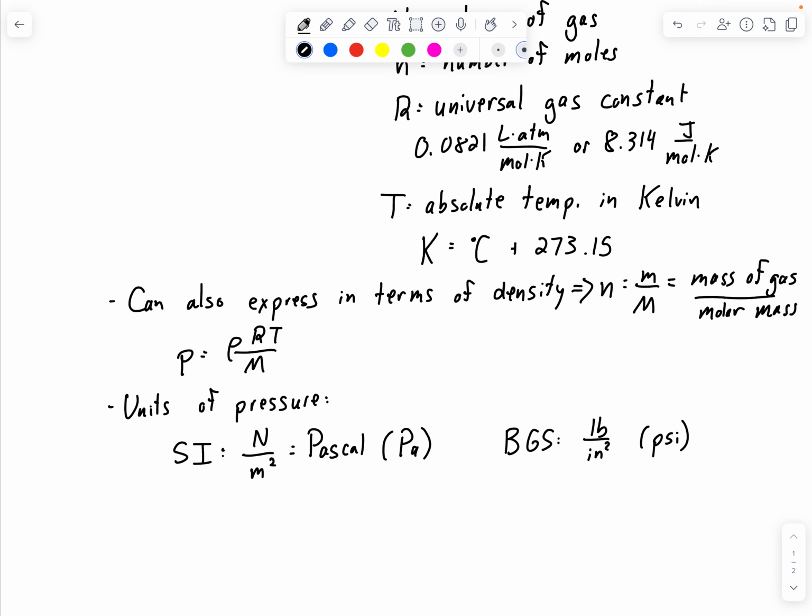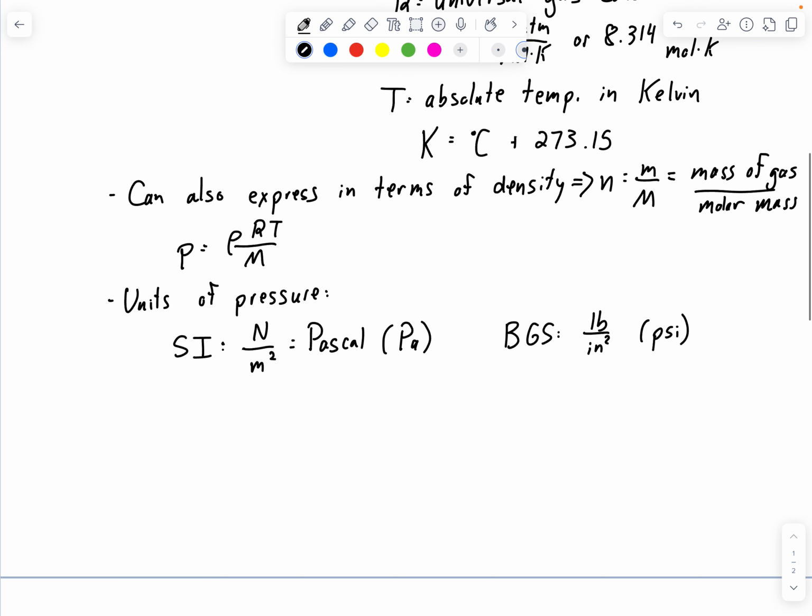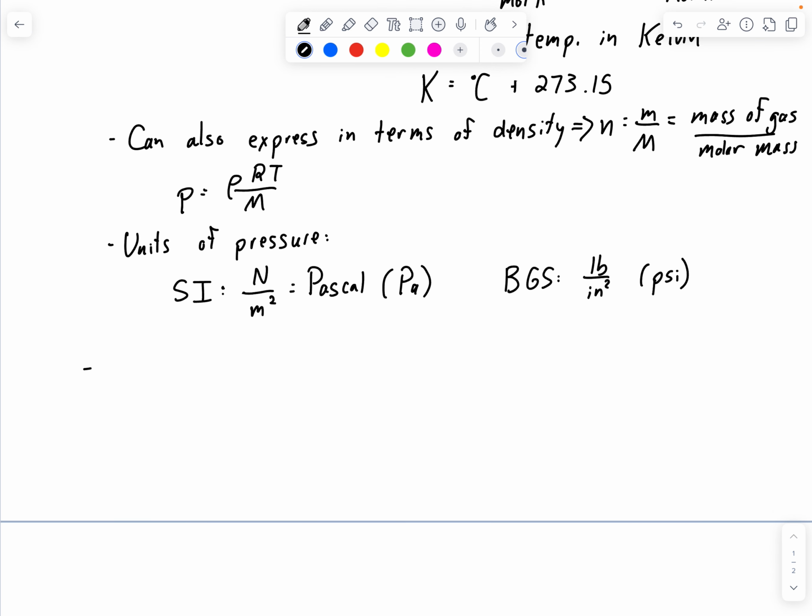With pressure, it's very important to remember if you're dealing with absolute versus gauge pressure, so I want to review those concepts.